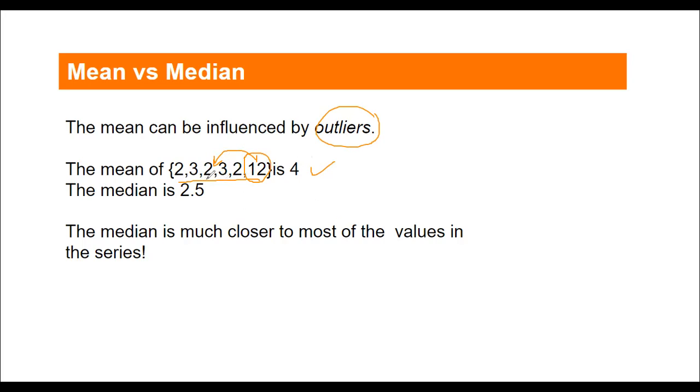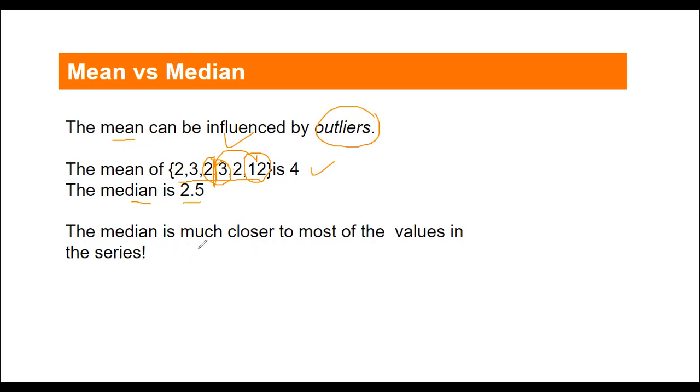The mean should be somewhere around the middle, right? But it's not. Now the median for this data set is 2.5, which is in the middle only. So keep in mind that the mean is influenced by the outlier, not the median.